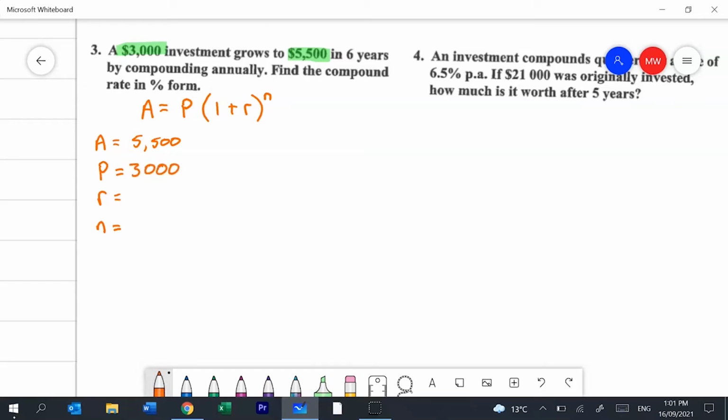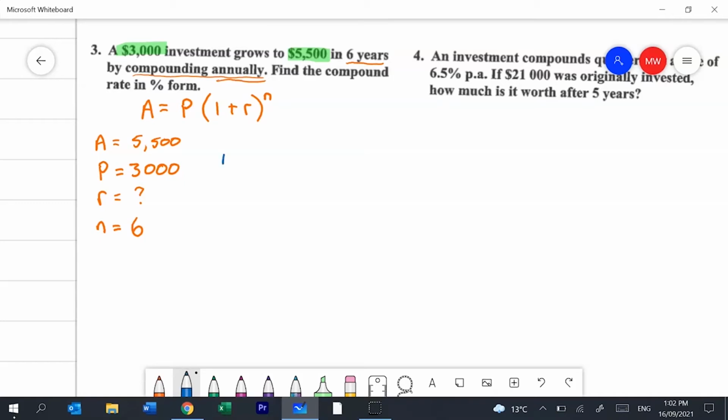We're missing the rate. Okay, so that's what we need to find out. And we've got a time here. We've got 6 years. Now be careful, and I'll talk about this more in the next question, but you've got 6 years that compounds annually. And the word annually means once per year, okay? And that will become quite important.